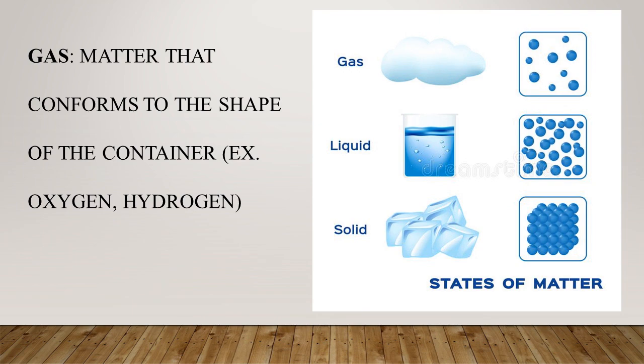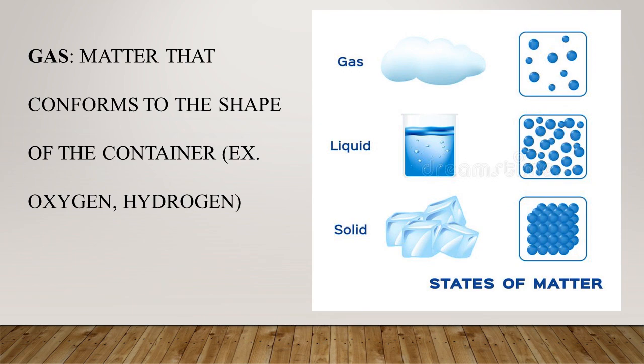Now this picture here, we're going to see this picture two more times because we're starting here with gas. We'll look at liquid and solid. These are the states of matter. And you see in the little boxes on the right-hand side are basically the molecules or the particles that make up a gas, a liquid, and a solid.